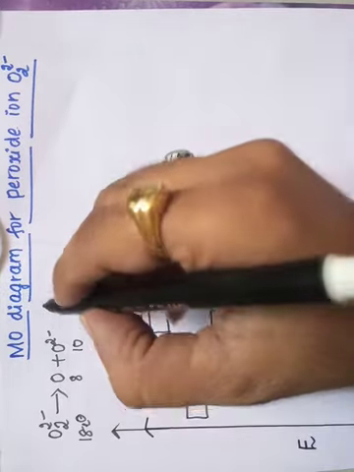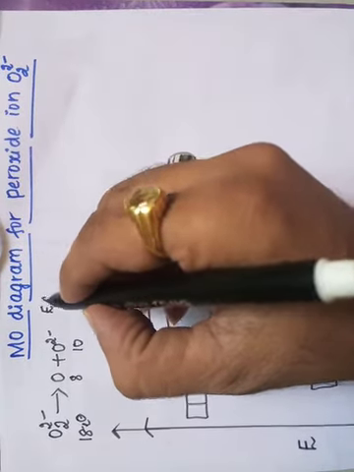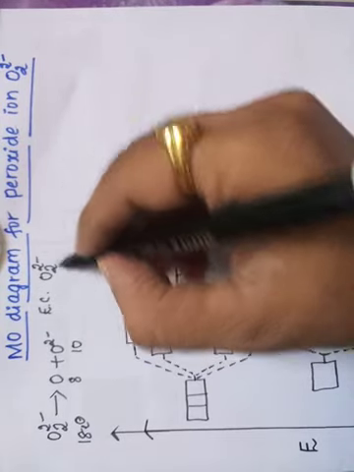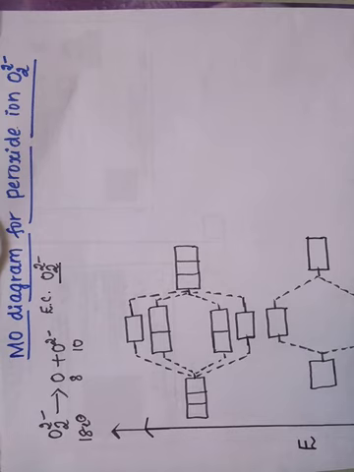So let us write the electronic configuration of the peroxide ion, O2 2 minus ion.